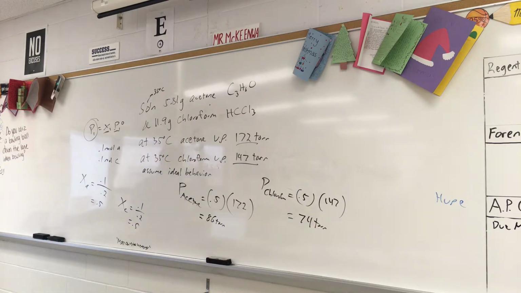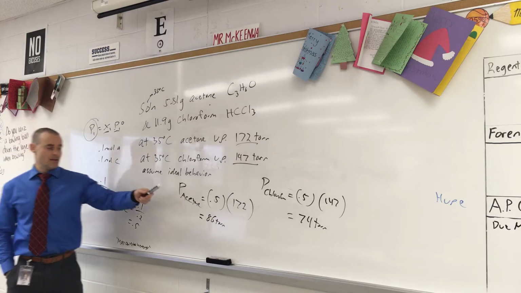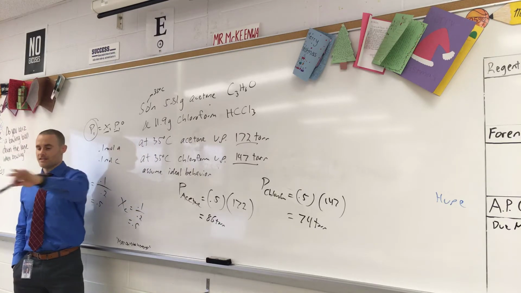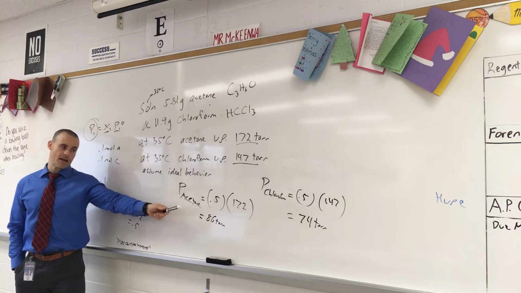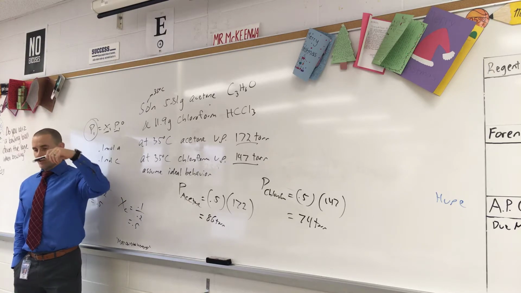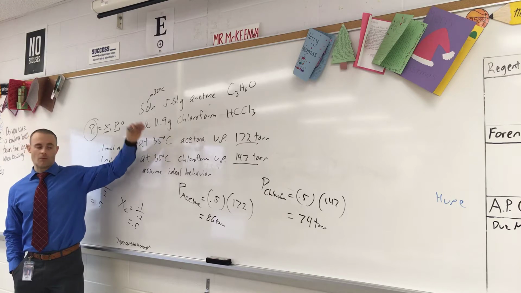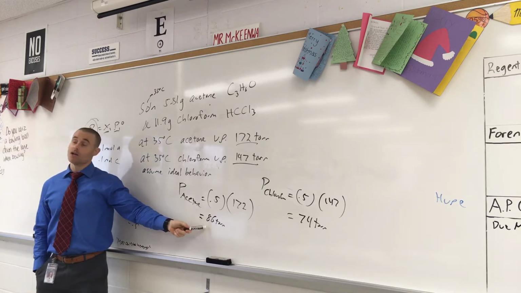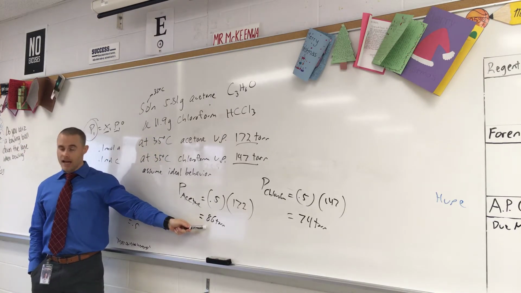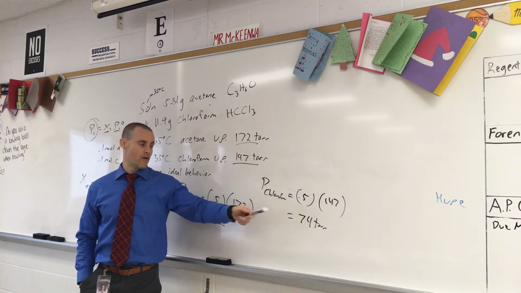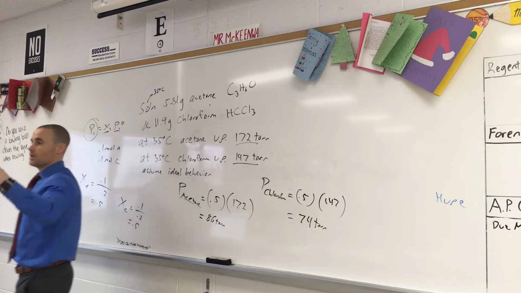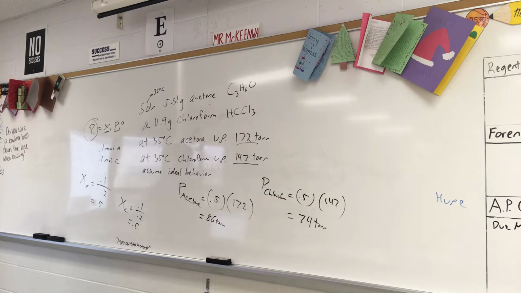Now, let's say on an AP test, you did that. And now part B, this isn't the question I have, but let's say it said, a student measured the vapor pressure of the acetone and chloroform above this solution. The vapor pressure in reality is actually 80, and the vapor pressure of the chloroform is actually 70 torr. Explain why. What would you say?